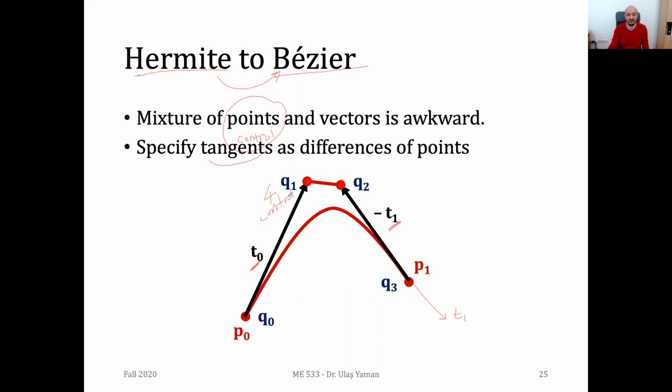In order to make a smooth transition between Hermite and Bezier splines, we use different terms for the control points of the Bezier. You see we have Q0, Q1, Q2, and Q3. You can easily see that P0 and Q0 are equal to each other, and on the other hand, P1 and Q3 are equal to each other, but we need to define Q1 and Q2.